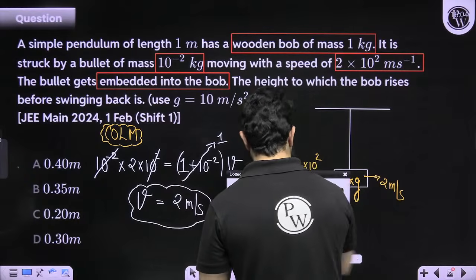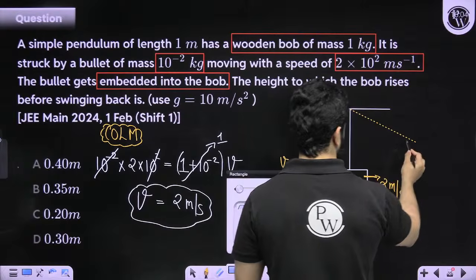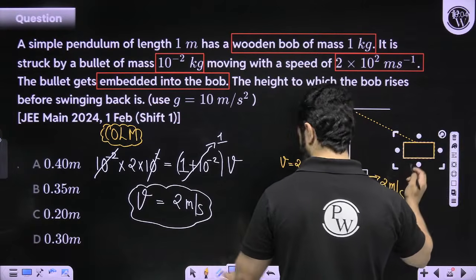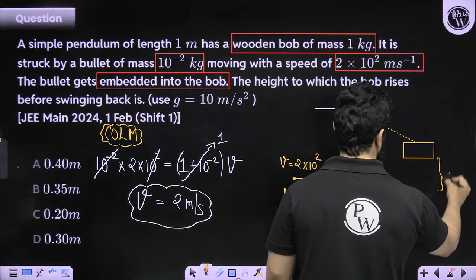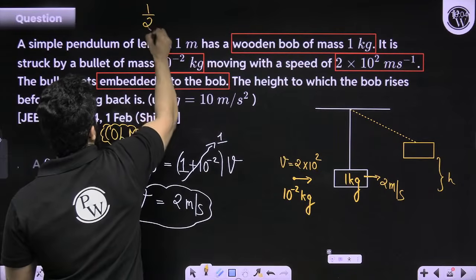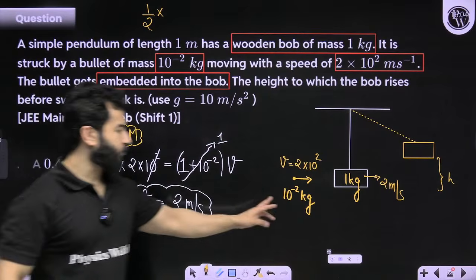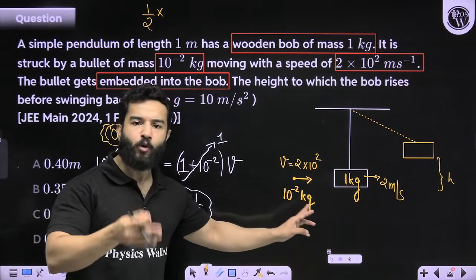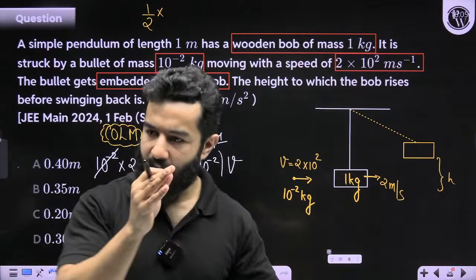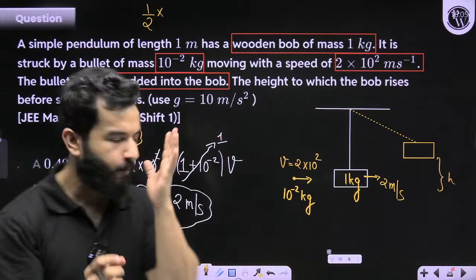And then what height will this achieve? Let's find that out. Let's say this height is h. So we are going to simply say half m. I have ignored the mass of the bullet because it is 0.01 kilogram in front of 1 kilogram, right?